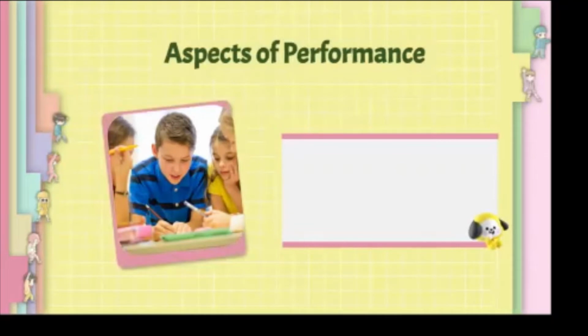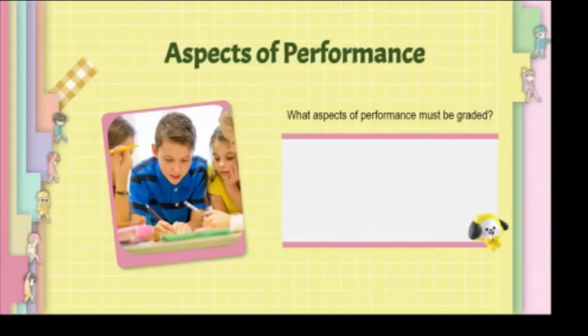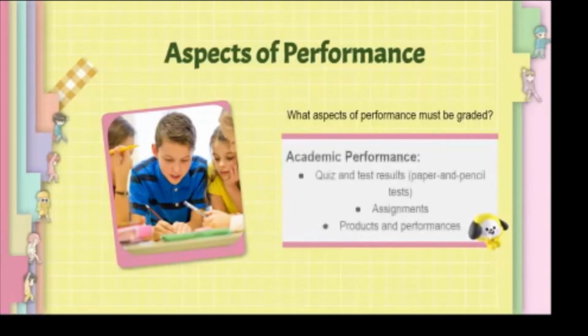So second is the aspect of performance. There is one question here: what aspects of performance must be graded? There are three kinds of academic performances: the quiz and test results, the paper and pencil test; second, the assignments; and third, the products and performances, like for example, oral reports, projects, interviews, and portfolios.